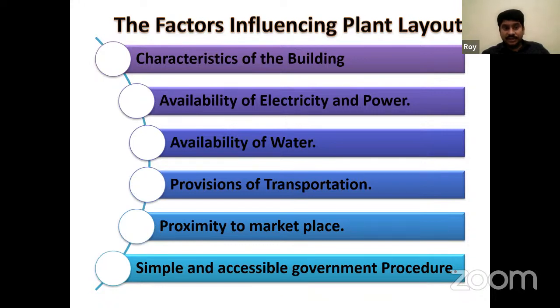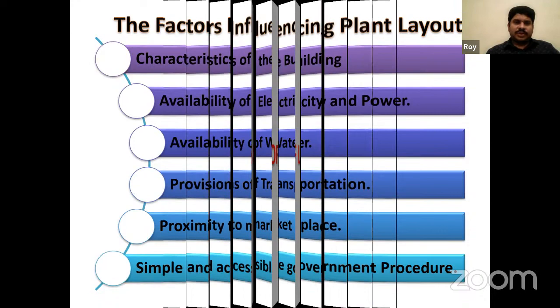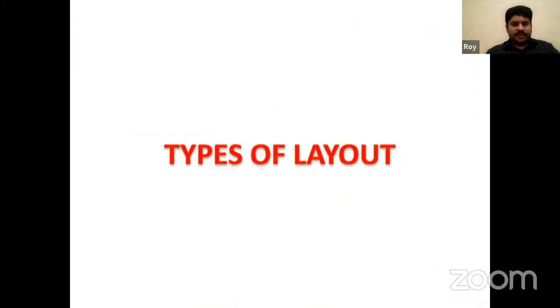You will see manufacturing units in the outskirts of the city, far away from the cities, because of different reasons. One major thing is that it should not disturb the public, and another is the resources and the waste. Now, the types of layout, this is a very important thing.